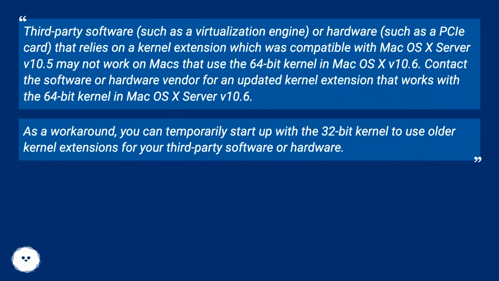Third-party software, such as a virtualization engine, or hardware, such as a sidecar, that relies on a kernel extension which was compatible with Mac OS X Server version 10.5 may not work on Macs that use the 64-bit kernel in Mac OS X version 10.6. Contact the software or hardware vendor for an updated kernel extension that works with the 64-bit kernel in Mac OS X Server v10.6. As a workaround, you can temporarily start up with the 32-bit kernel to use older kernel extensions for your third-party software or hardware.